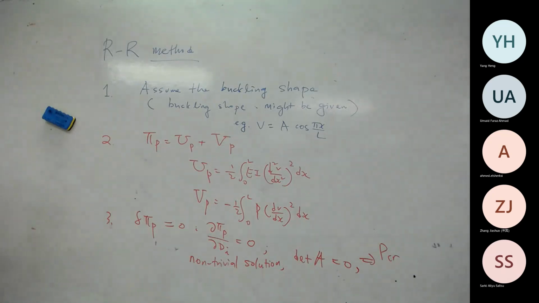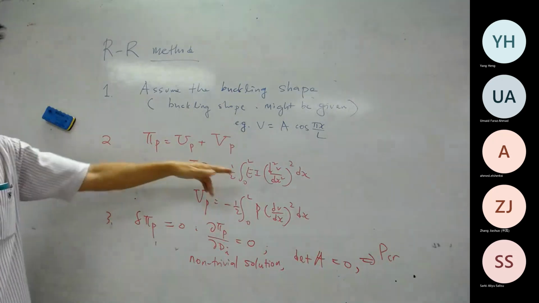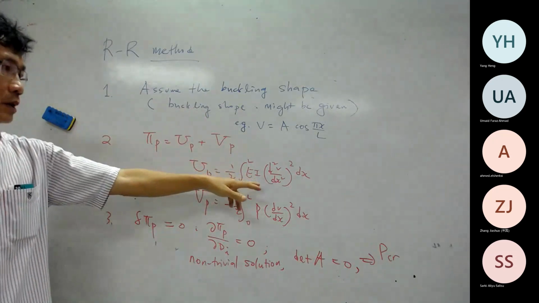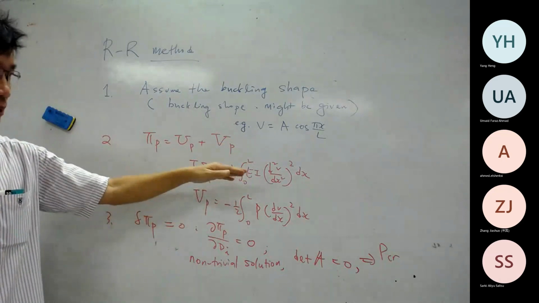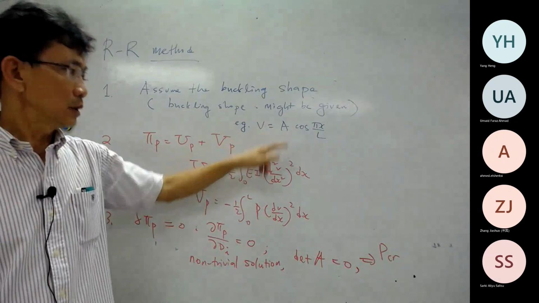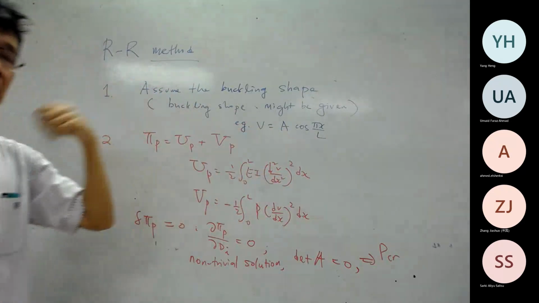So the Rayleigh-Ritz method follows this procedure, but you need to evaluate this. The time-consuming part will be doing the differentiations and then integrations. So differentiations, integrations, you have to be familiar, get very fast.